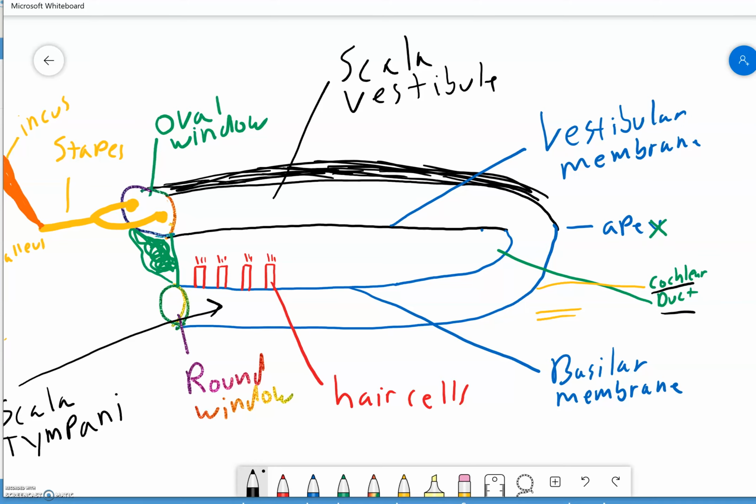The vestibular membrane forms the bottom of the scala vestibuli, and when sound comes, the waves are going to go through and move the perilymph. If it's a high-pitched sound, like Ariana Grande, it's going to hit here and cause an action potential or signal from these hair cells.